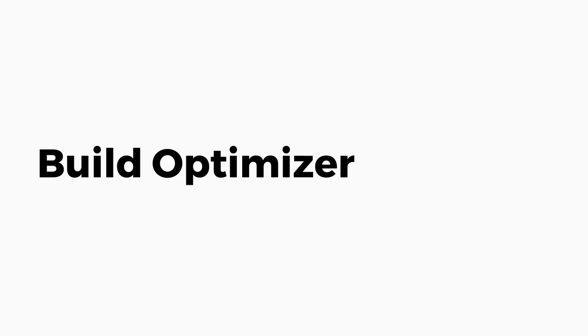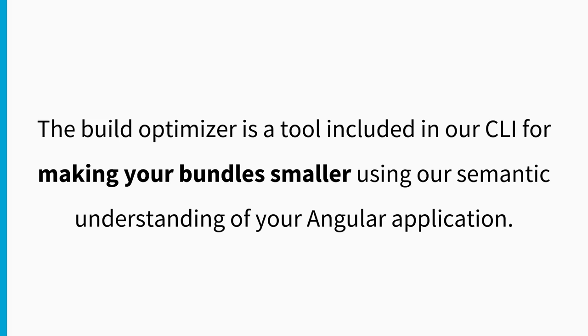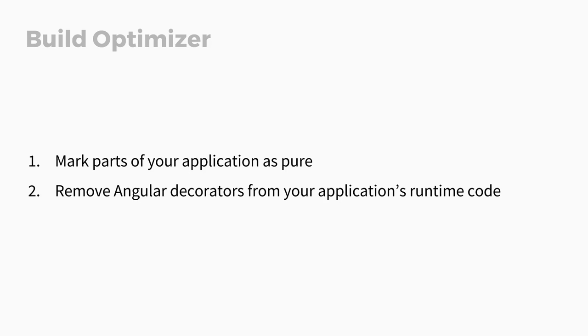First, we take a look at the build optimizer. The build optimizer is a tool included in our CLI for making your bundle smaller using our semantic understanding of your Angular application. The build optimizer has two primary jobs. First, we are able to mark parts of your application as pure. This improves the tree shaking provided by the existing tools, removing additional parts of your application that aren't needed.